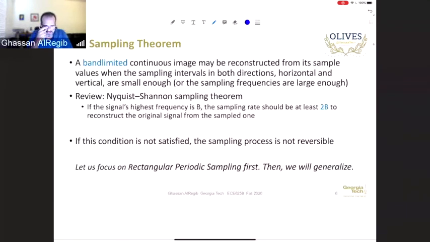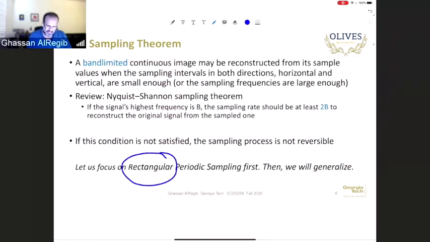Or in other words, the sampling frequencies are large enough. And if you remember, we had the Nyquist-Shannon sampling theorem, which states that if a signal or an image has the highest frequency B, then the sampling rate should be at least 2B to reconstruct the original signal from the samples. So we will look into rectangular sampling first.